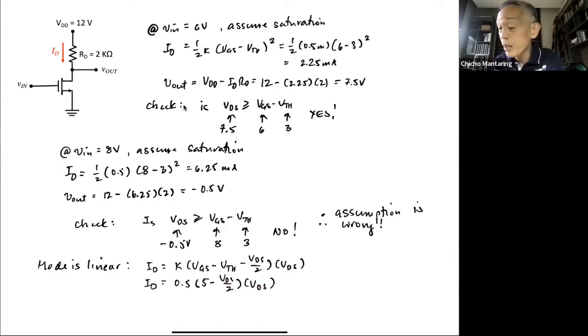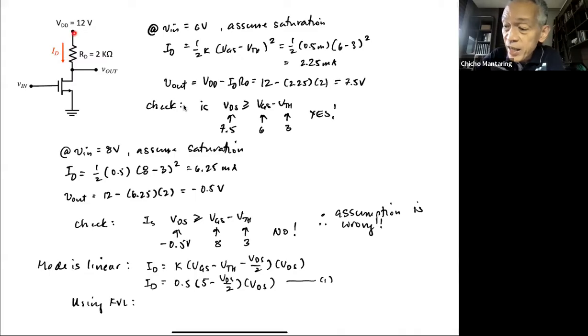Fortunately, we can form another equation. So this is equation 1. The other equation we form is using KVL on the drain to source path. Using KVL, what is ID?